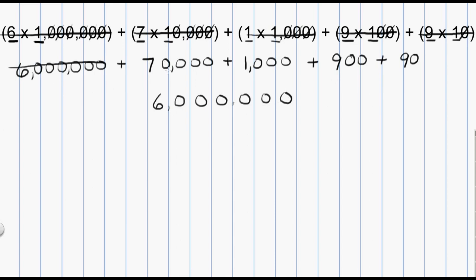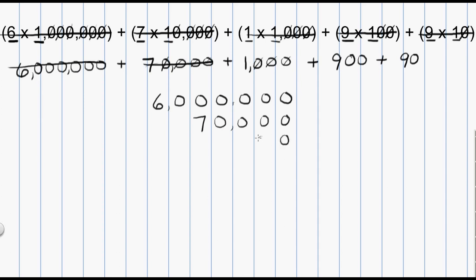And then I come to my 70,000, and remember I'm going to start by counting the zeros. 1, 2, 3, 4 zeros, and then start from your right. 1, 2, 3, 4, and bring this 7 on down. And let's go to 1,000. I have 1, 2, 3 zeros.